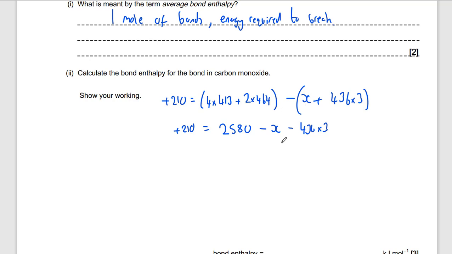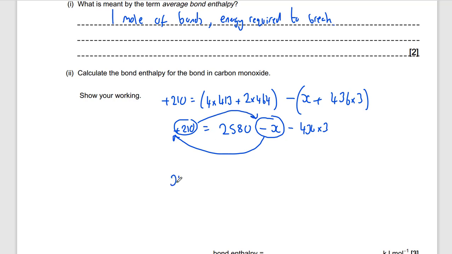So how do we solve from here? First things first, I've got a minus x. Now, we don't want minus x, we want plus x. So that means I'm going to move my minus x over to the other side to make plus x. And because I've already got plus 210 here, I'm just going to move plus 210 over to the other side.